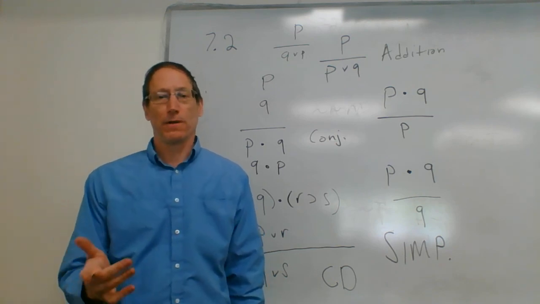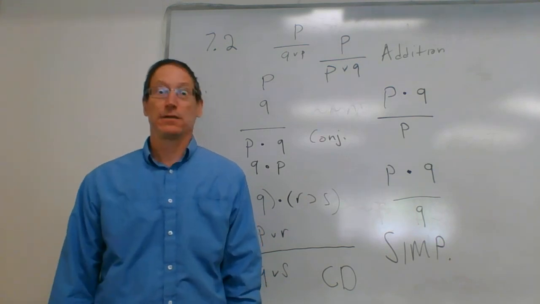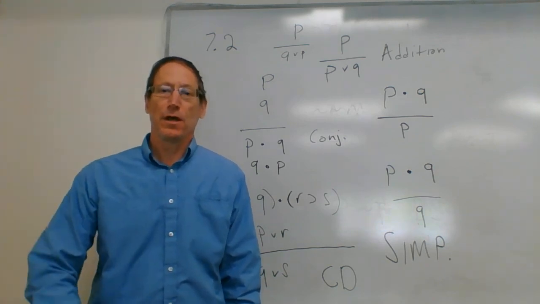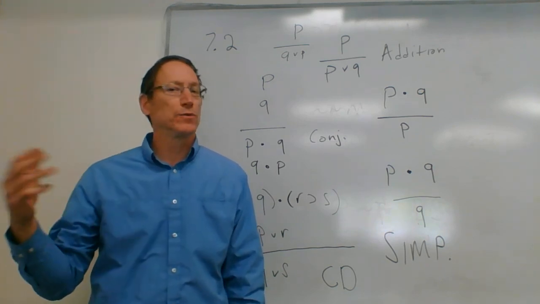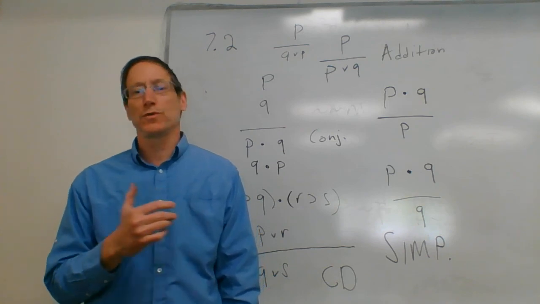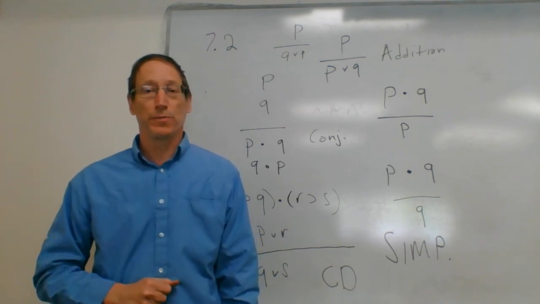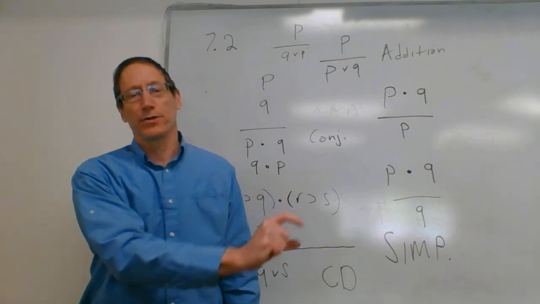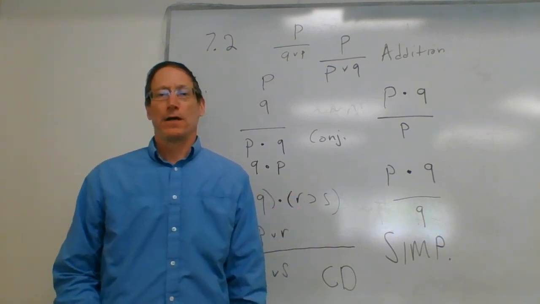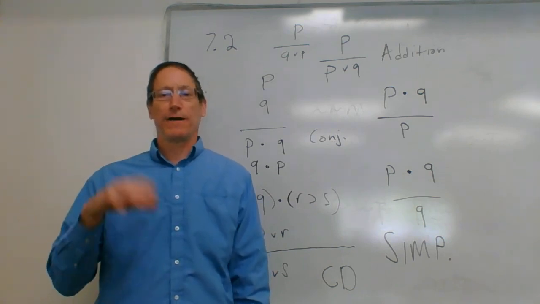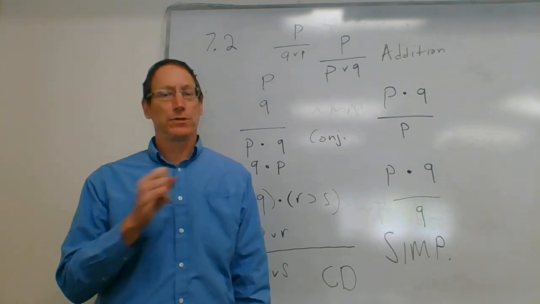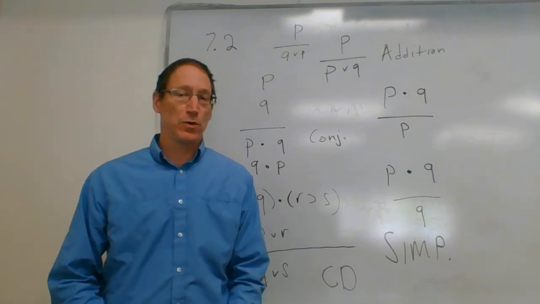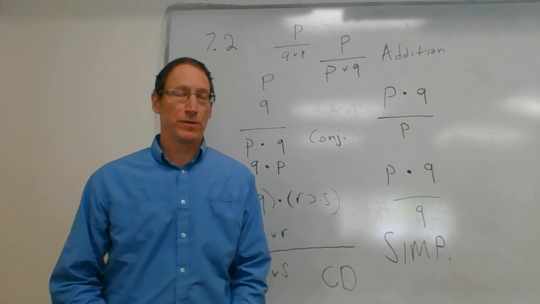So for example, when you get to your test, if we ever get there in this class, and I ask you to do proofs, I'm going to say use any and all of the rules to do the proof. I'm not going to say that for this proof you're only allowed to use such and such rules. That's not going to happen. You'll have proofs, and you'll be able to use, and indeed you will have to use, all of the rules at your disposal to get through the proofs.